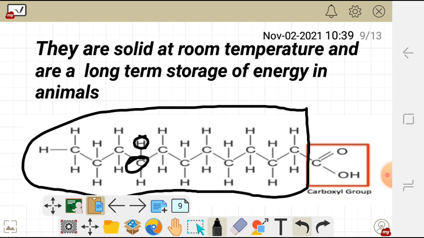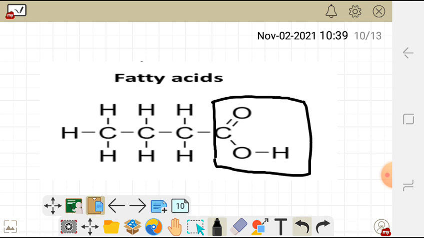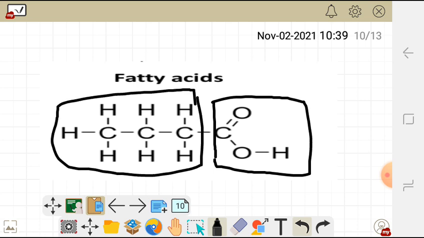It is attached to a carboxyl group, which is a functional group with a hydrogen and a hydroxyl. So for a simple structure of a fatty acid, you can draw a carboxyl group and attach a hydrocarbon on this side, which can be represented by R.